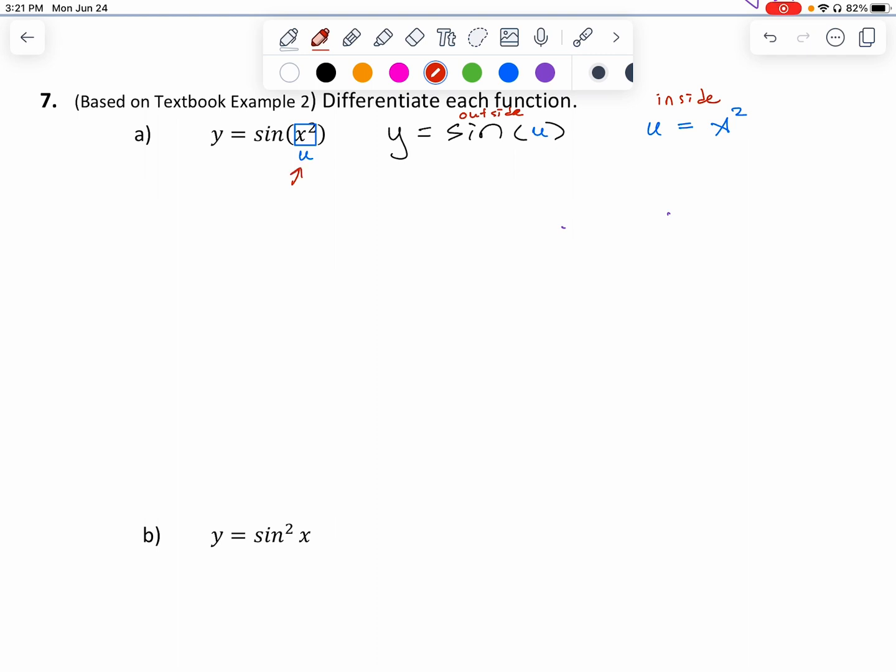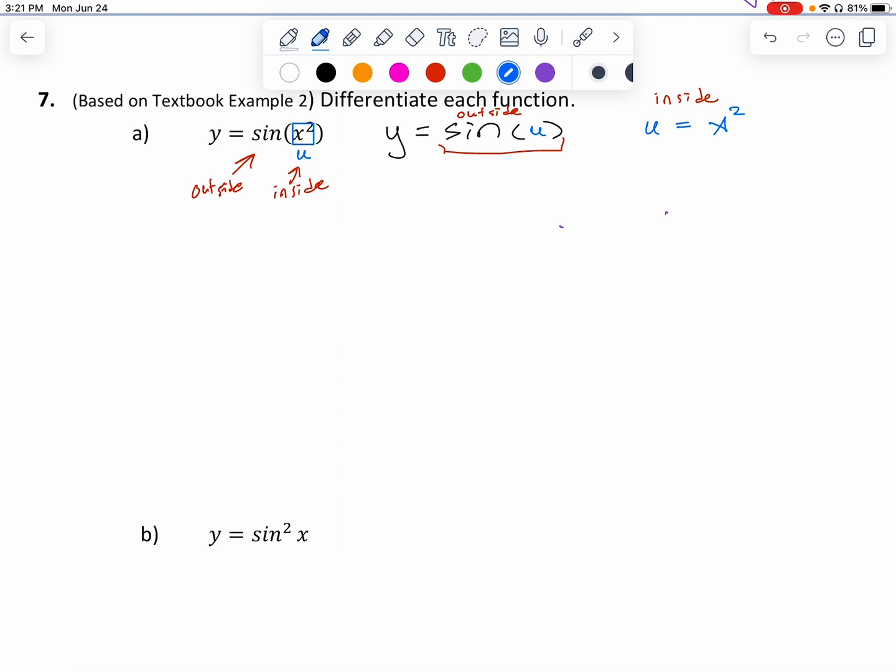So inside, outside. It is important to know that that x squared is an input to sine. So that's still like one function, not multiplication, but sine of something. So we're going to take our formula, which is to take the derivative of the outside function in terms of the inside function, and then multiply that by the derivative of the inside function.